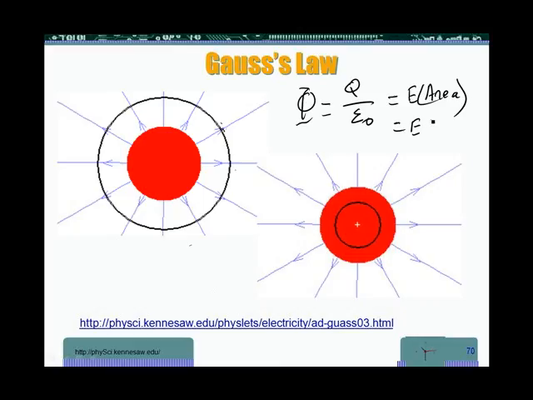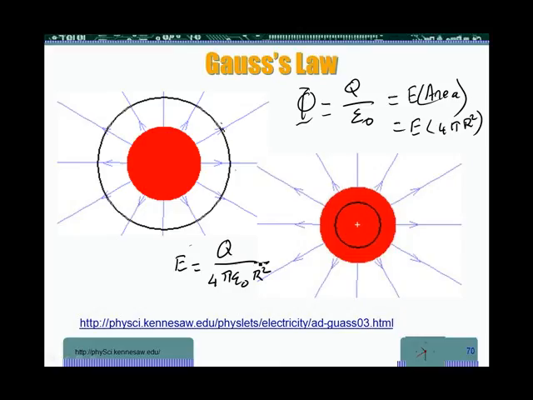The area of a sphere is 4 pi, the radius of the sphere squared. So what this tells me, the electrical field is given by Q over 4 pi epsilon 0 r squared.